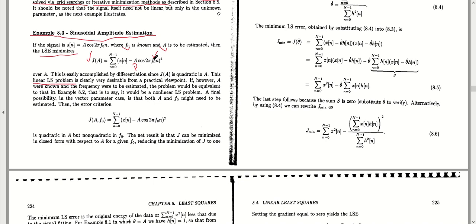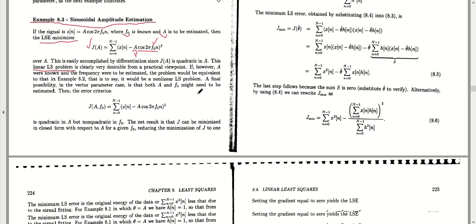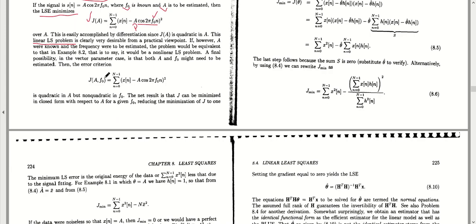Then how come we are saying this is a linear problem? Because f0 is known, the cosine is a constant, right? f0 是 known 的，所以这个是一个 constant。那 unknown 在哪里？unknown 就只有 A，所以还是一个 linear。If, however, A were known and frequency were to be estimated, then the problem would be equivalent to that of a nonlinear function.